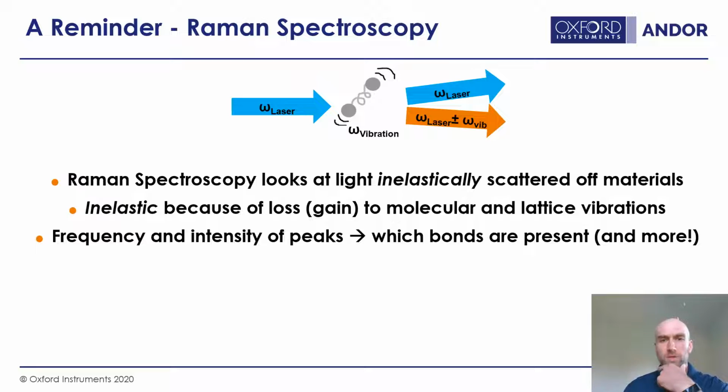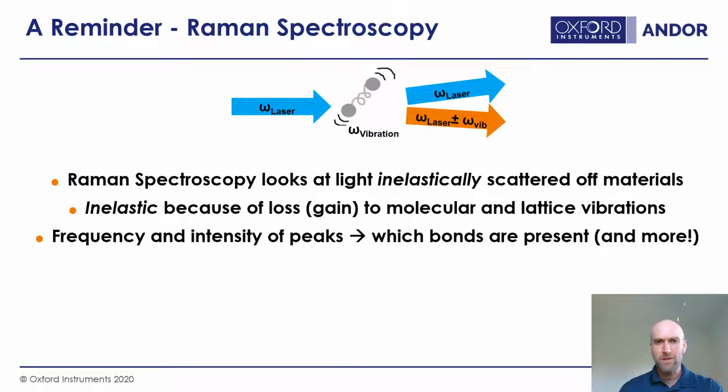Before we go too much further, I just wanted to put a reminder out there for what Raman spectroscopy is. It's possible that you've missed the first presentation, and no problem. It's been recorded and you should be able to access it through the Andor Learning Center. Just a quick reminder, Raman spectroscopy looks at light that is inelastically scattered off materials.